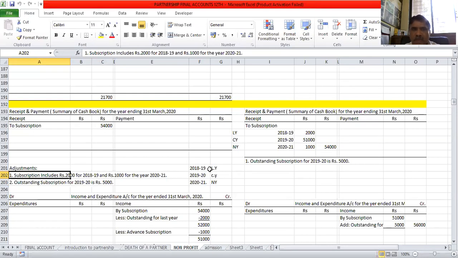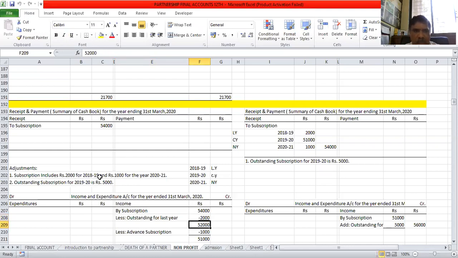We received a total of 54,000. Out of this, 2,000 is related to last year. We want the income of the current year, so we have to minus. That means 54,000 subscription on the income side, less outstanding for the last year 2,000. The answer is 52,000.